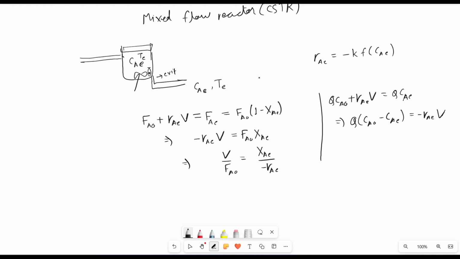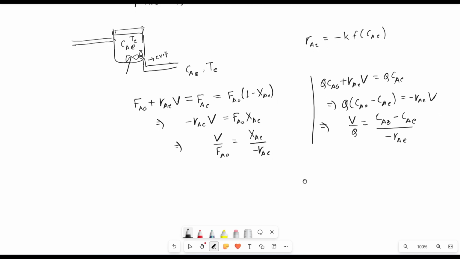So this can be written as V by Q equals CA naught minus CAE by minus RAE. Whatever performance expression you may use, these are all equal.